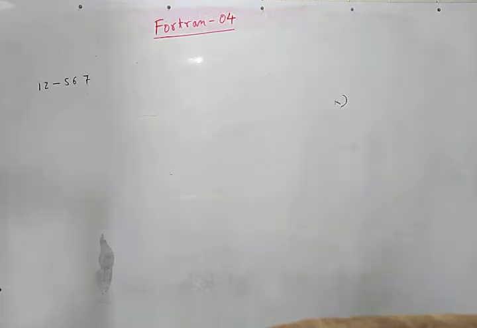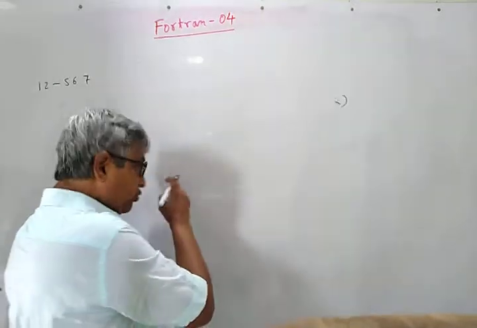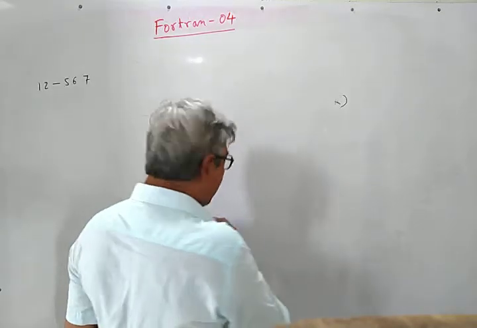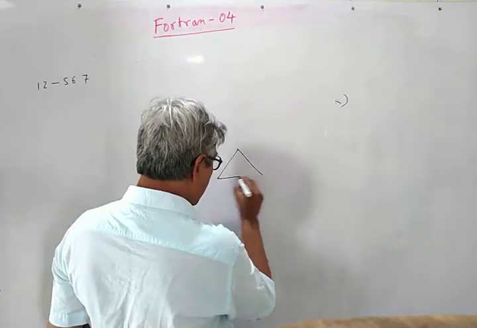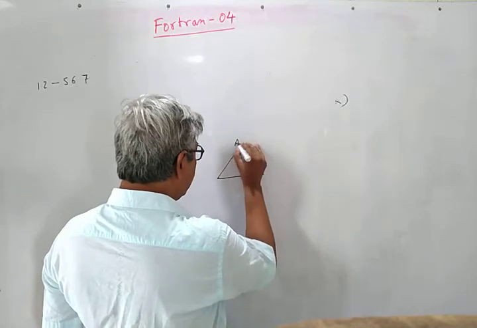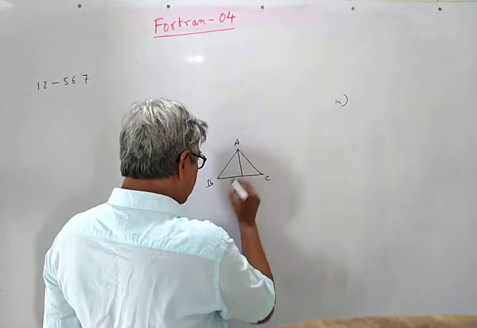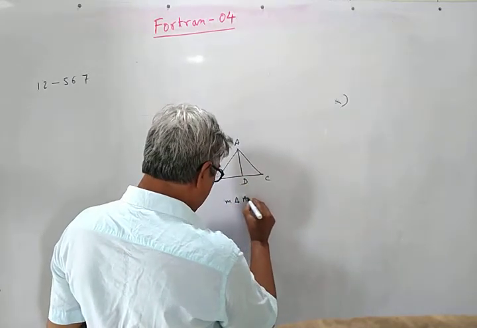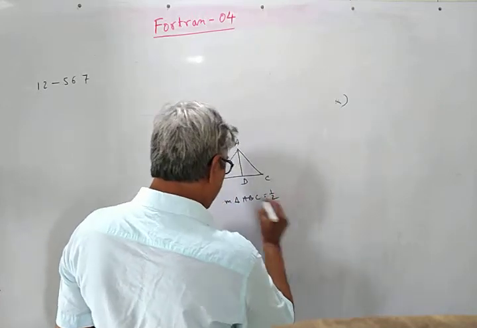Let us consider the evaluation of the area of the triangle, which could be done by the example taken in the earlier class. That is, in the earlier example, A, B, C, then the area of the triangle is half into base.